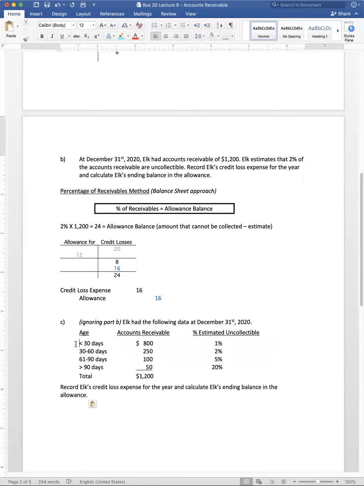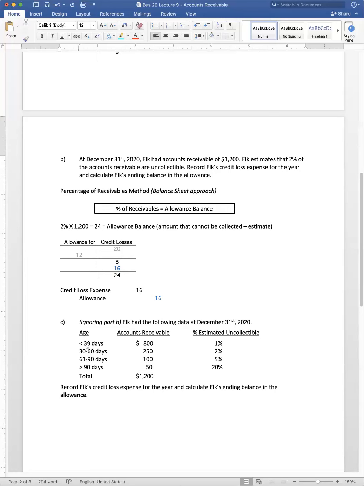These age categories are less than 30 days old, 30 to 60 days old, 61 to 90 days, and greater than 90 days. What do I mean if I say a receivable is less than 30 days old? I mean that it has been less than 30 days since the day the receivable was created.